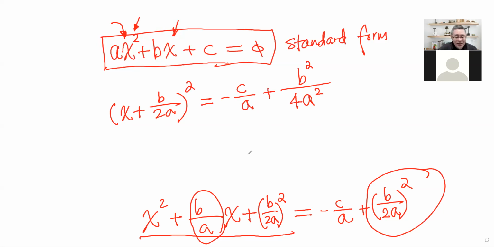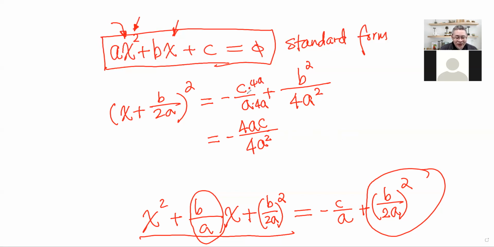Okay, so now we're going to combine those two numbers, basically just doing fractions. Well, we know this is equal to minus 4ac over 4a squared. So we make the bottom the same. What we did here is times 4a on the top and times 4a on the bottom.